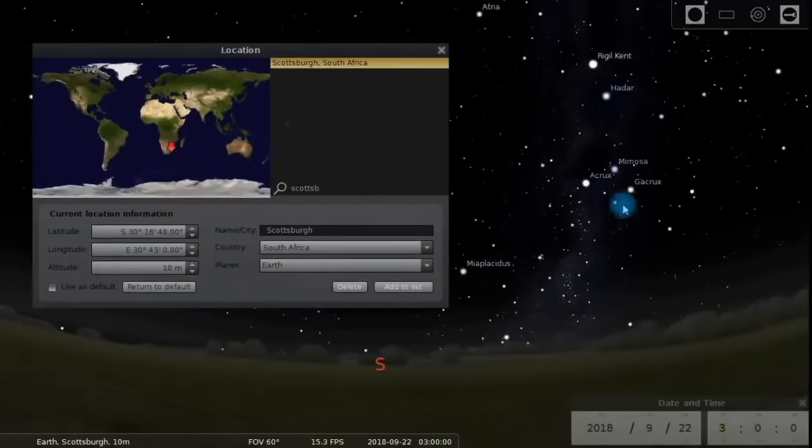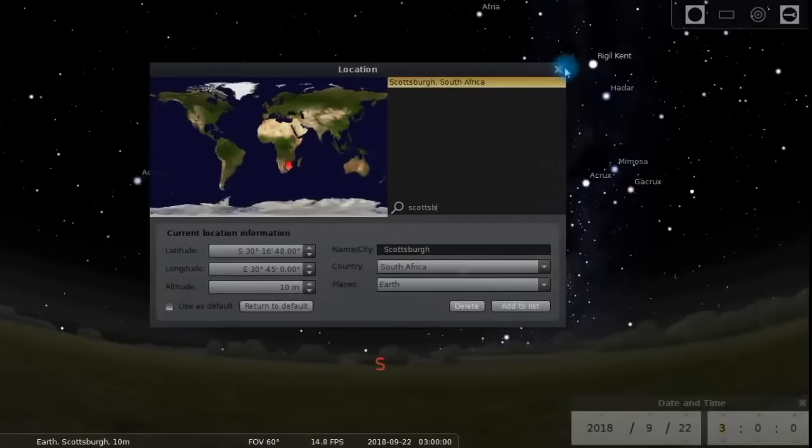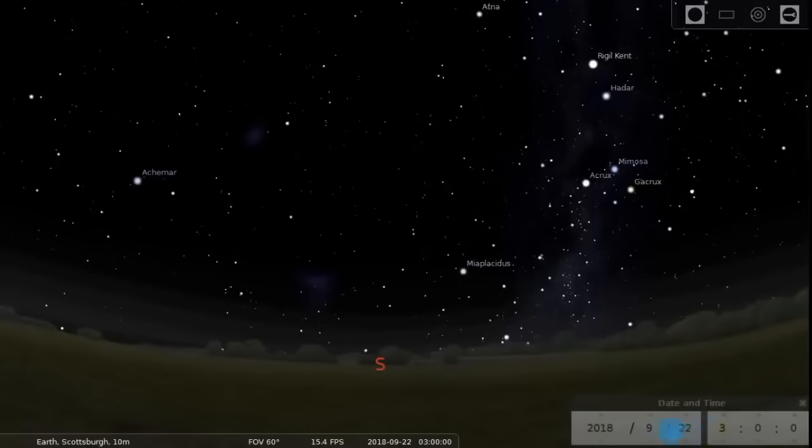And there's the Crux, Southern Cross position, over there. So when I'm at Coffs Harbour, 3 AM in the morning on that day, the Southern Cross will be over here. And in Africa at Scotsburg, South Africa, Southern Cross will be here.